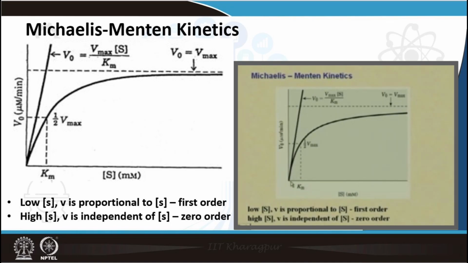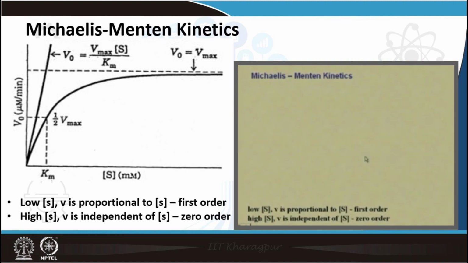As you increase the substrate concentration, because the enzyme has limited capability in forming an enzyme substrate complex, this will reach a limiting value. And this limiting value is dependent on the total enzyme concentration that is available to you, and this is V max, the maximum velocity available.